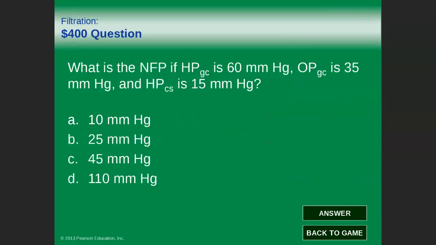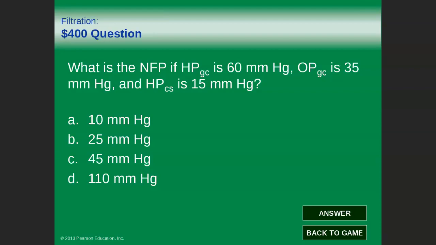What is the NFP if HPGC is 60, OPGC is 35, HPCS is 15? All you do in this situation is take 60 millimeters of mercury minus 35, which is the opposite direction, plus 15.